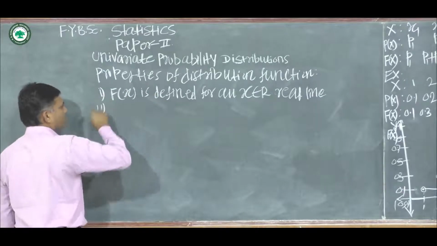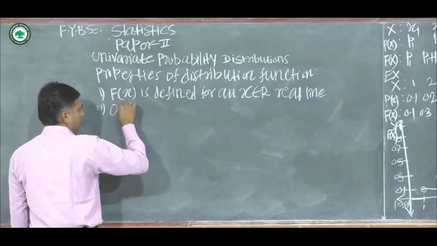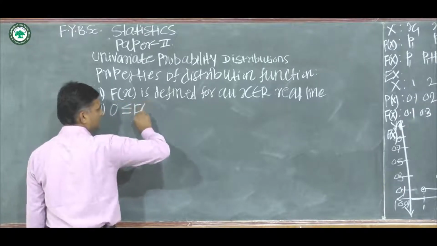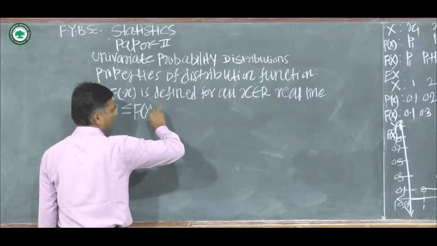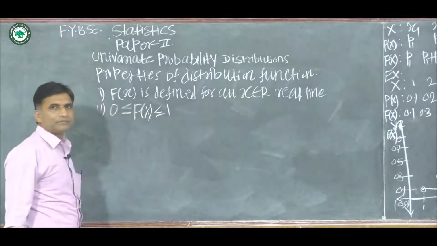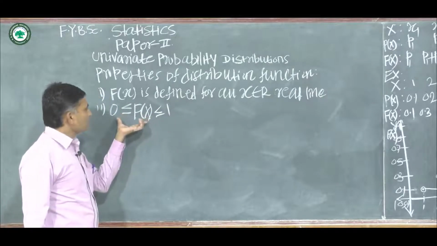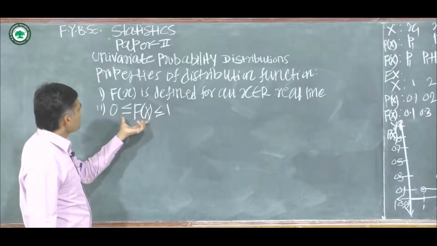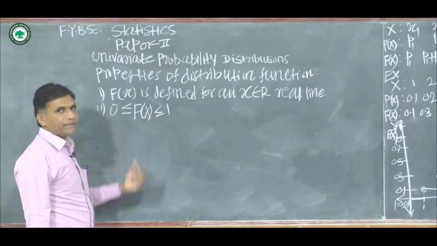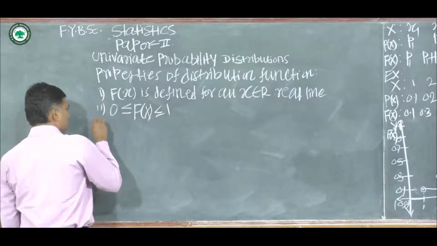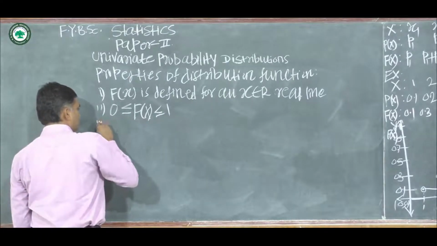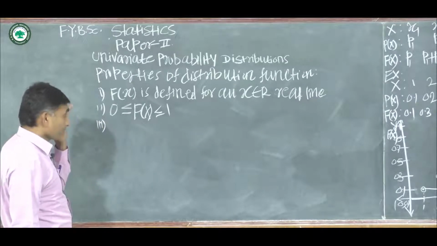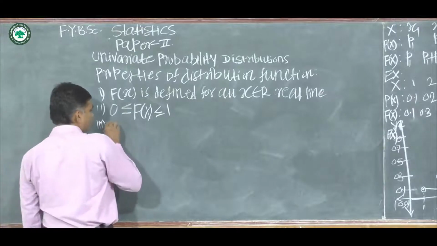Then second property is capital F of x lies between 0 and 1, since it is probability of an event. Therefore, distribution function lies between 0 and 1. Then property number 3, it is a step function.